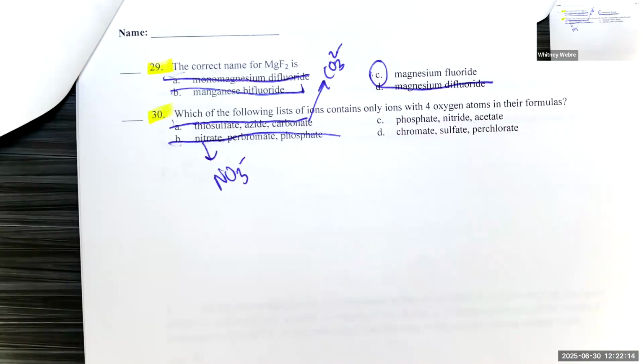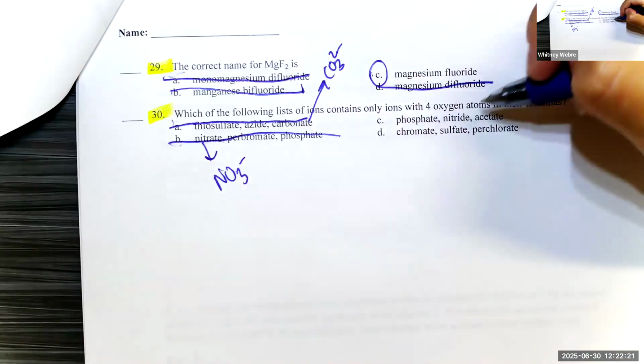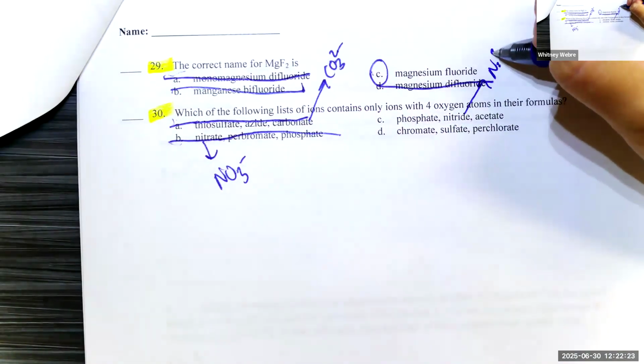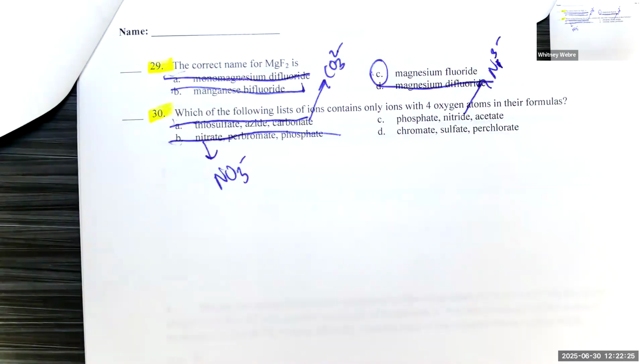But if I have an "ide" on the end, so for nitrogen, it would be N3 minus. So nitride, N3 minus. Are there any oxygens in nitride? No, so it can't be C.